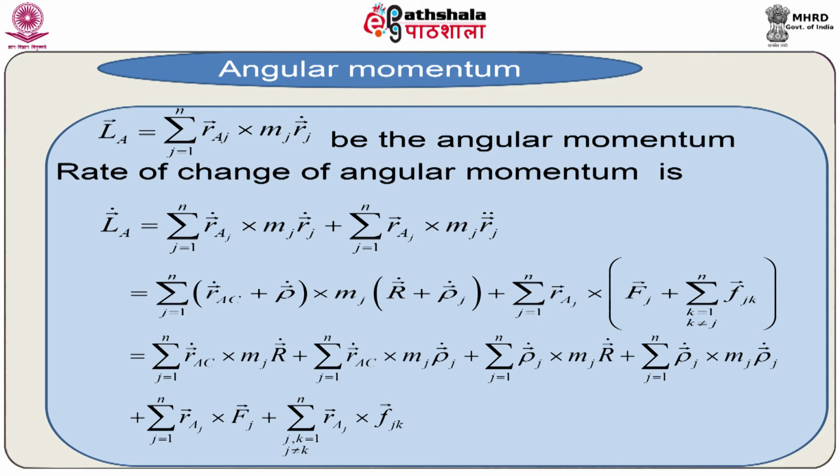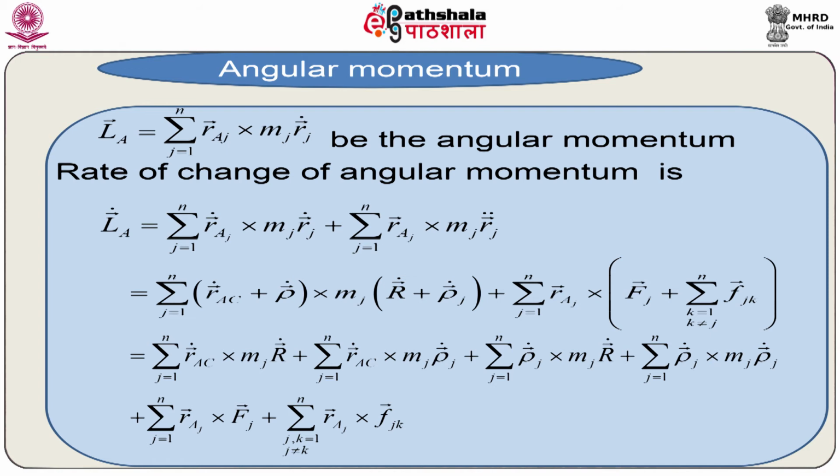Since this vector and this vector are parallel, the double sum vanishes here. From the property of the cross product, this vanishes.